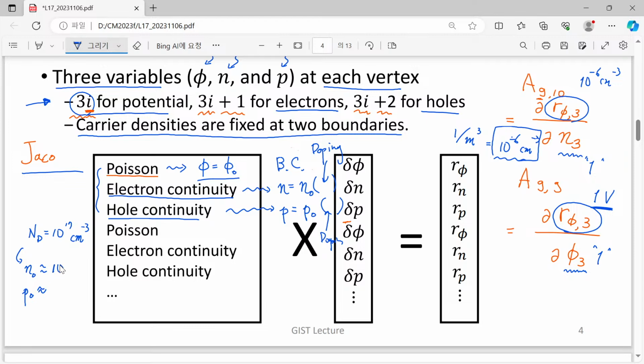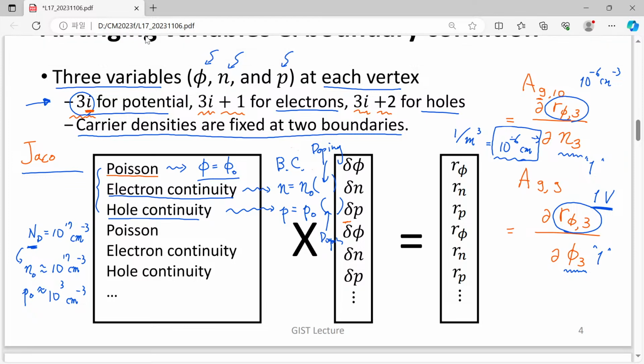So it will be 10^17 per cubic centimeter, and it will be about 10^3 per cubic centimeter, because this is n-type dopant, so electron density just follows the doping density, and hole density is just obtained by this relation.